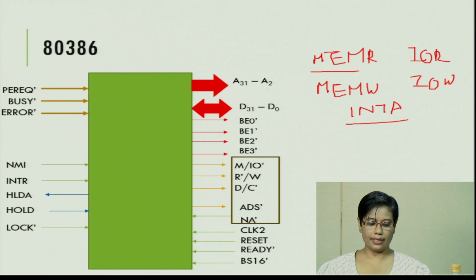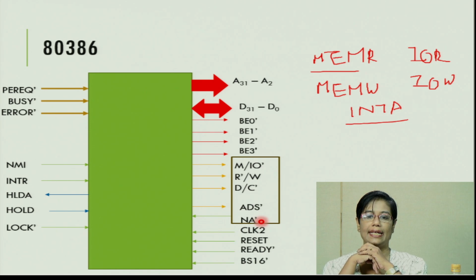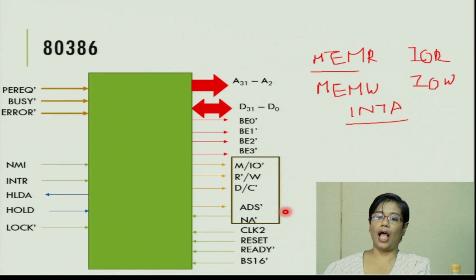So these three signals are given as input to the bus controller, and the bus controller generates these five signals. Now let's look at the other two signals, which are ADS bar and NA bar. ADS bar is address strobe.